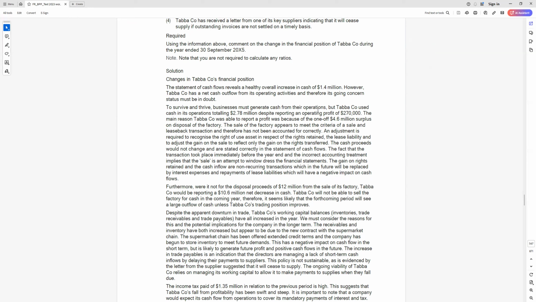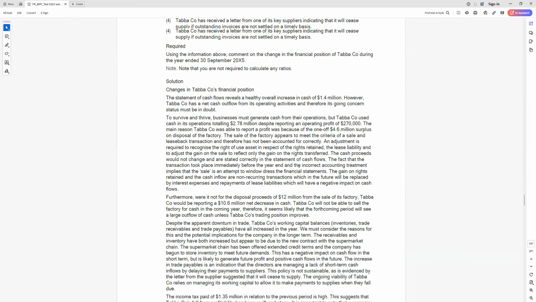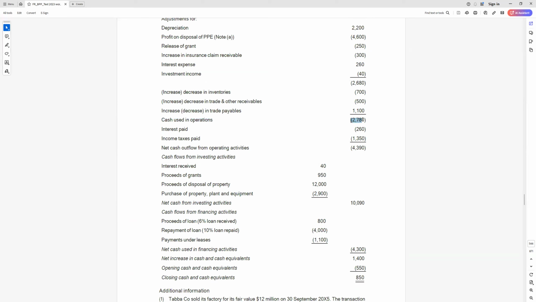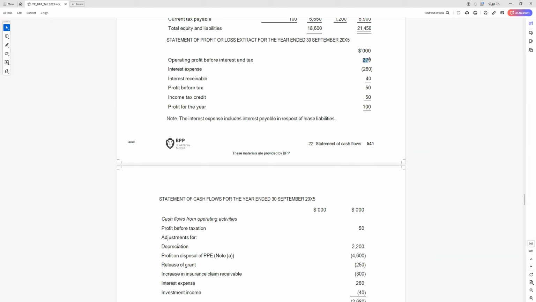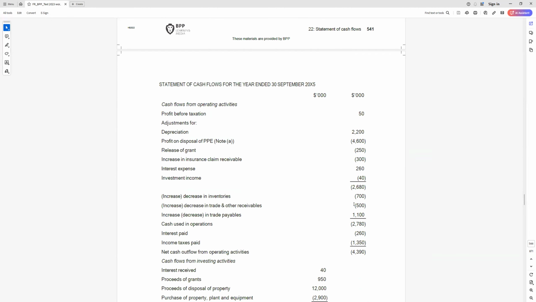But TICO used cash in its operations totaling 2.78 million despite reporting an operating profit of 270,000. So they used 2.78 million in the operation, but they have a profit of only 270,000.